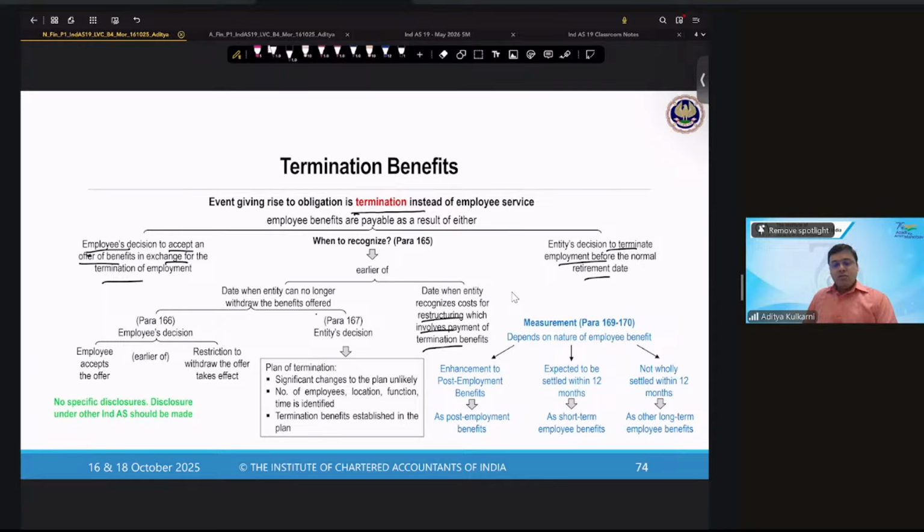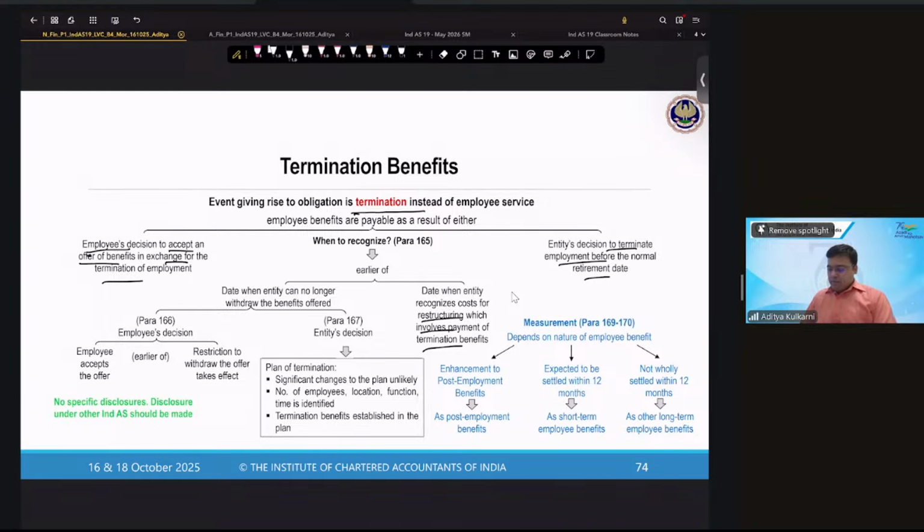When can the entity no longer withdraw? If the employee's decision of accepting the offer or restriction to withdraw the offer, later of these two, or entity's decision. Significant changes unlikely, number of employees identified, termination benefits established in the plan. Okay. So plain simple accounting.